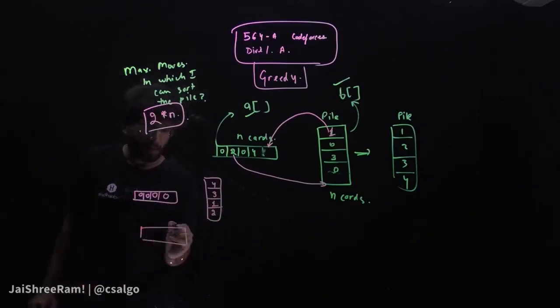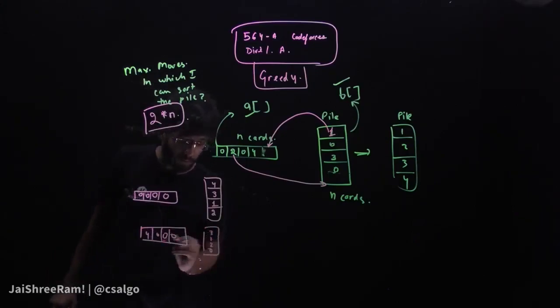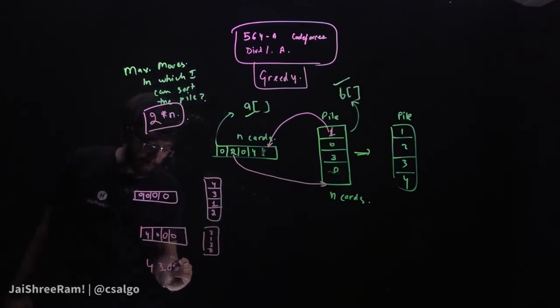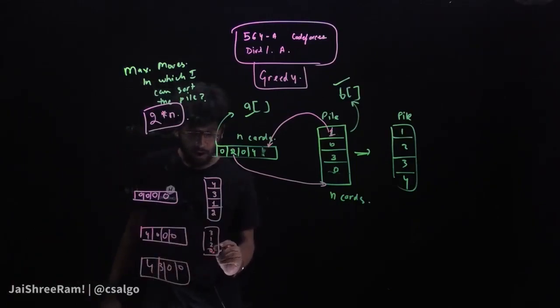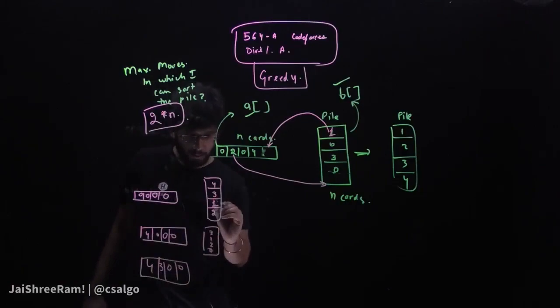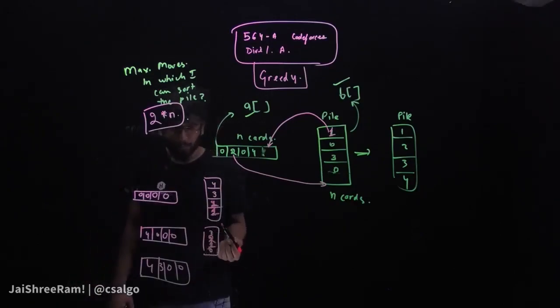Like the maximum moves can be, if I bring the 4 out and then put the 0 in over here, 3, 1, 2, 0, then I bring the 3 out as well, and I should change the order instead, else the answer would be 1 less. So yeah, 3, 2, 1.